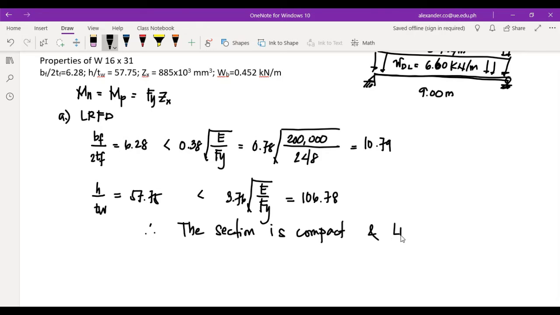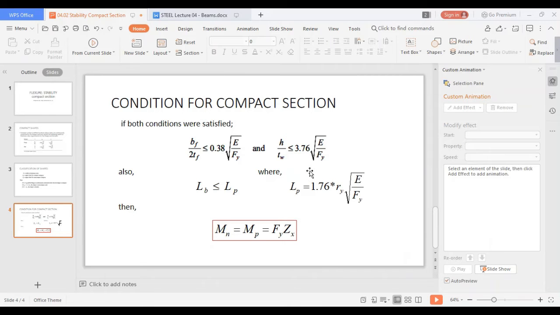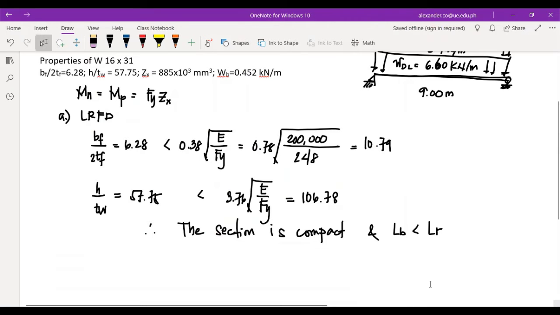And also, Lb is less than Lr nga ba yun o Lp? Tignan natin ulit. Lp pala. Lp. And Lp. Kasi dalawa rin yan. Lp.